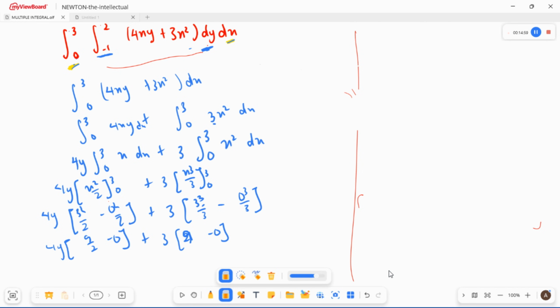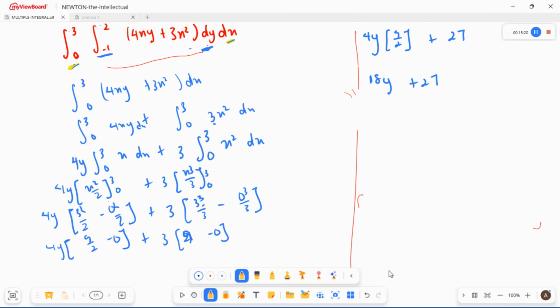Okay, so we have 4y multiplied by 9 over 2 plus 3 times 9, which is just 27. So 4y times 9 over 2 is going to be 18y, then plus 27.